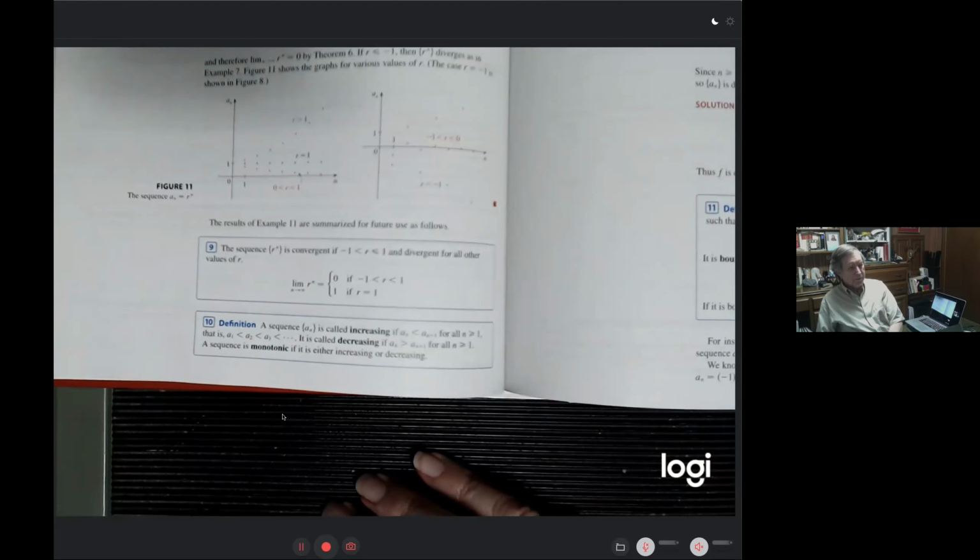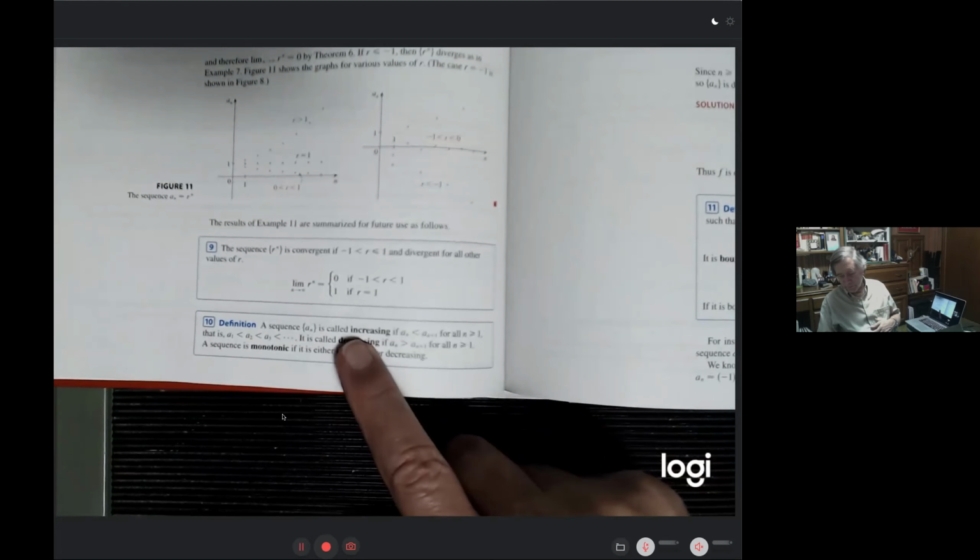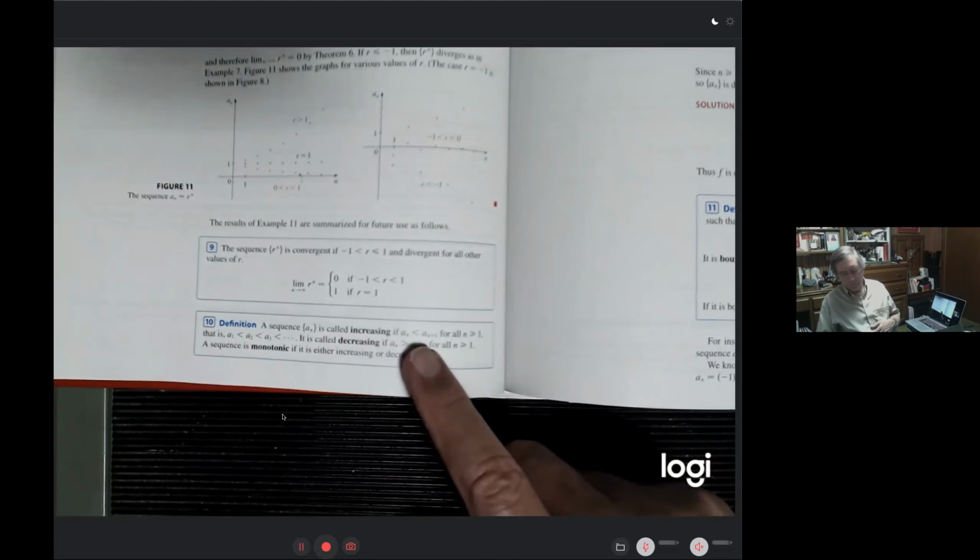If I replace that strict inequality with less than or equal to, so if each term is less than or equal to the next one, I like to call that non-decreasing. So instead of increasing, non-decreasing, if you replace the a sub n less than with a sub n less than or equal to.